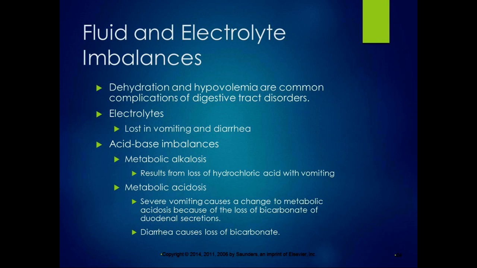And diarrhea causes loss of bicarbonate, which changes your acid-base balance. So a lot of times they can start out as digestive tract disorders and develop into much worse problems like fluid and electrolyte imbalances. And last quarter we talked about the consequences of those, and they can be pretty serious consequences up to and including death.